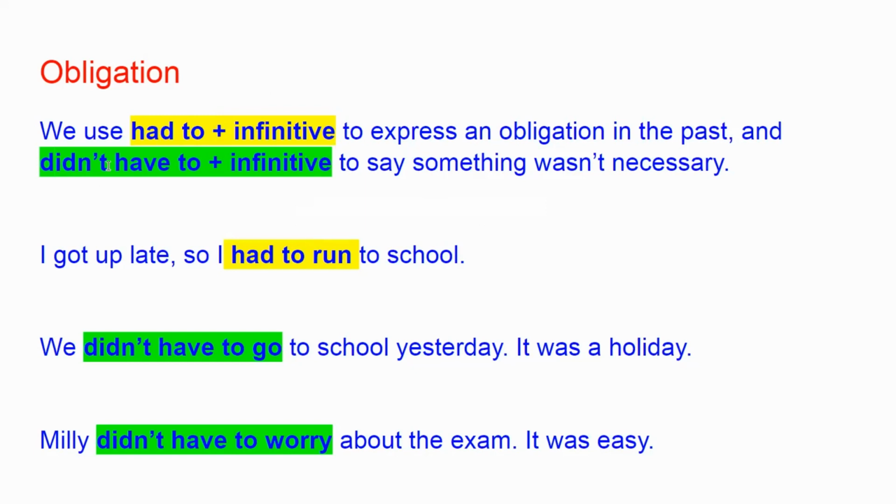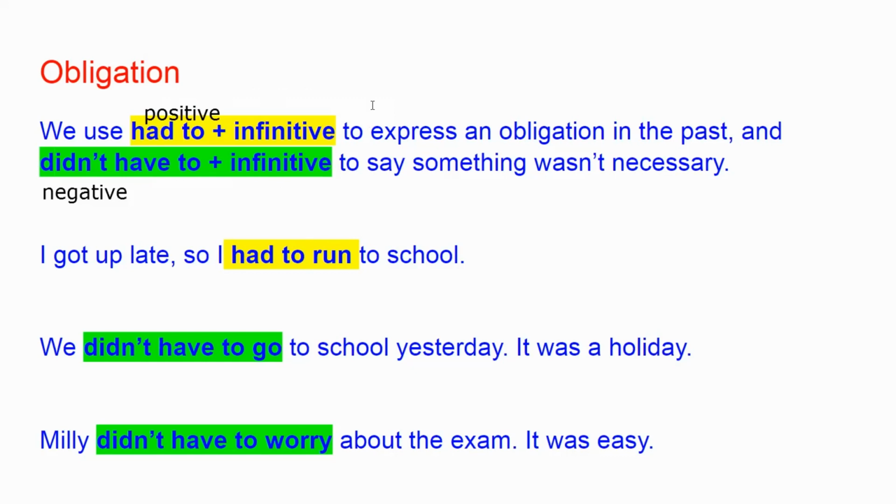Alright, aquí, didn't have to, plus infinitive. Now, como podemos observar, tenemos un positive, el had, y aquí tenemos un negative, didn't have to. Y cuando utilizamos didn't have to, es para referirnos a cosas que en realidad no eran necesarias.